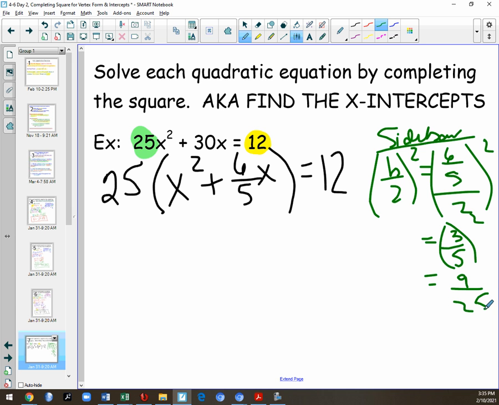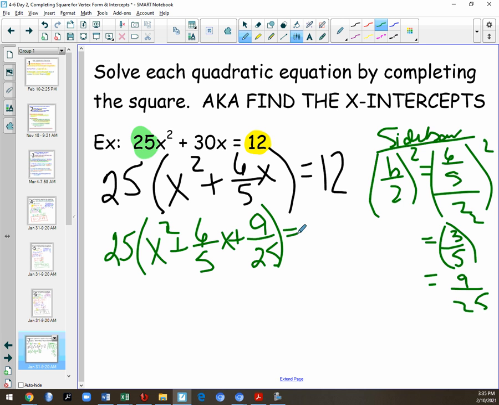Okay, so the 9/25 is what you're going to have on both sides on the parentheses there. So I have 25 times x squared plus 6/5 x plus 9/25 is equal to 12 plus, what am I actually adding? What I'm actually adding is 25 times 9/25.